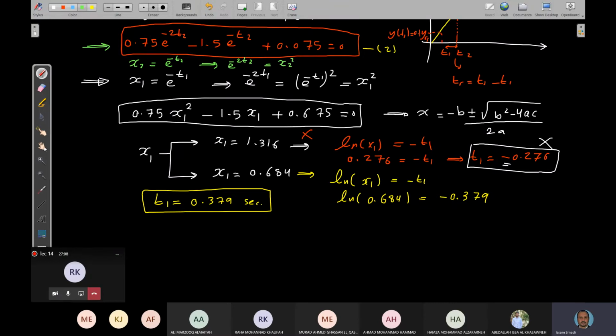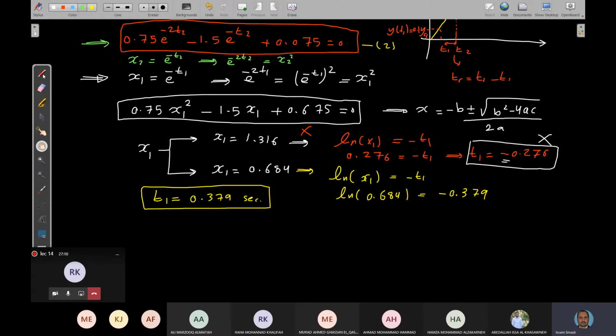So now if I rearrange the equation, for equation number 2, I will get 0.75 x2 squared minus 1.5 x2 plus 0.075 equal to 0.